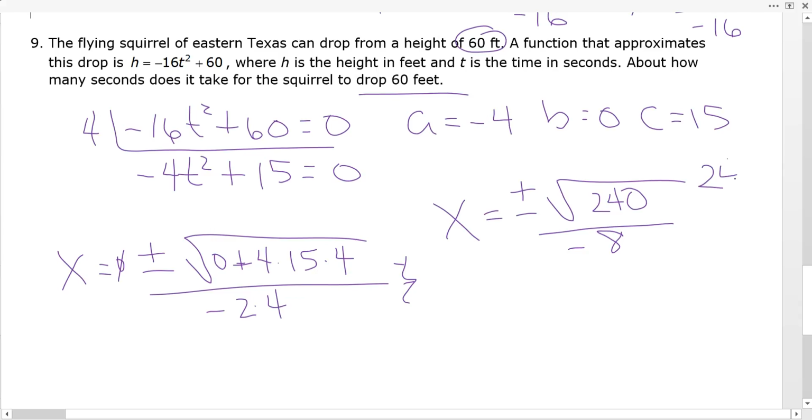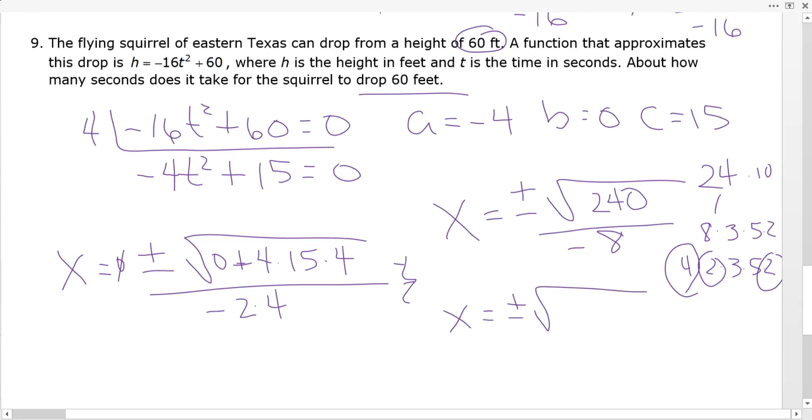So 240 is 24 times 10, which is 8 times 3 times 5 times 2, 4 times 2 times 3 times 5 times 2. So I've got this one, and I've got these guys. So I have x equals plus or minus square root of 4 times 4 times 3 times 5.